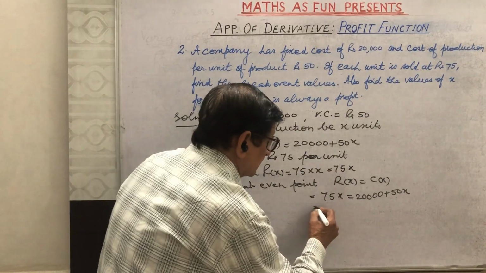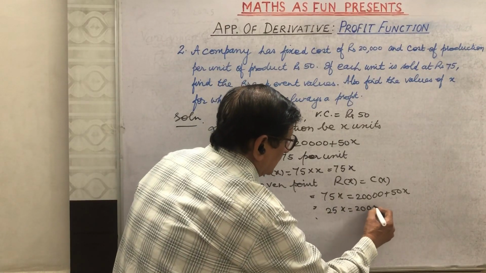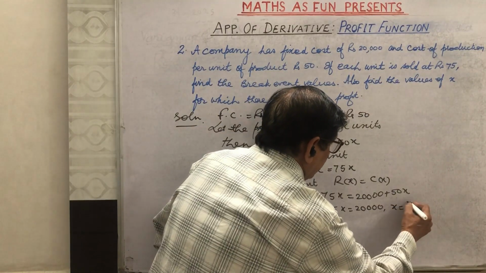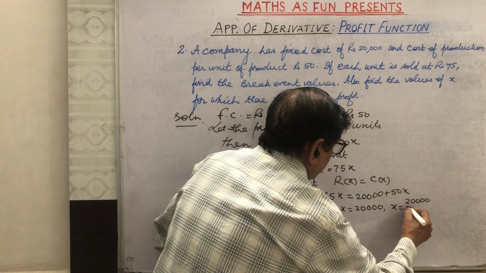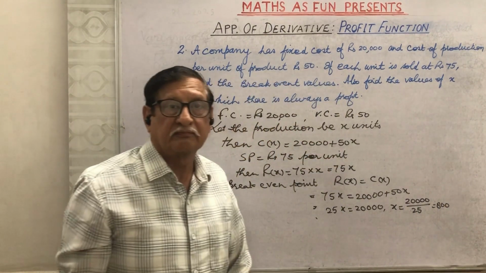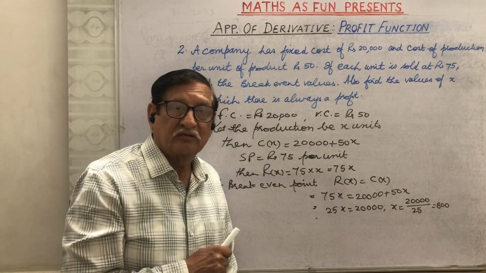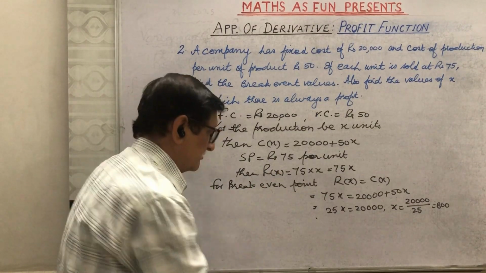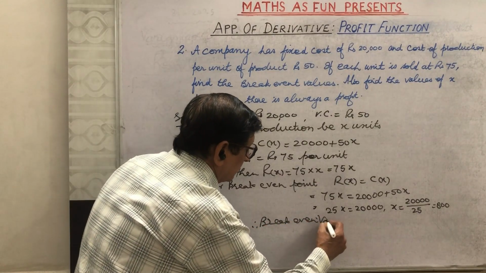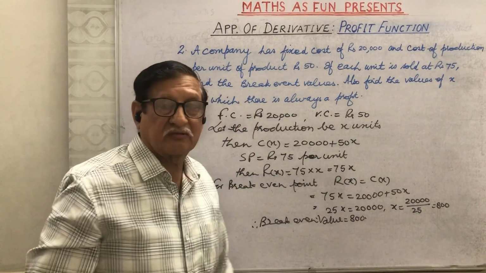It gives us 75 minus 50 is 25x is equal to 20,000. It means here x will be 20,000 divided by 25, or we can say 800. It means the break-even point is 800. Therefore, break-even value is equal to 800 units.